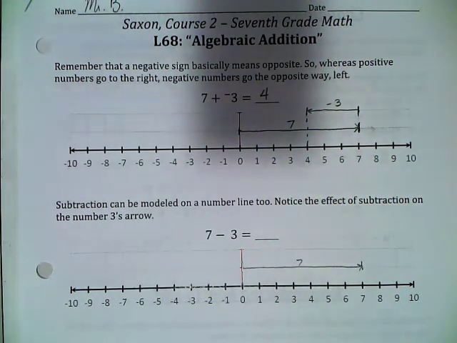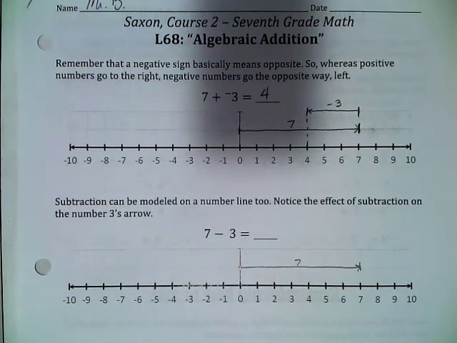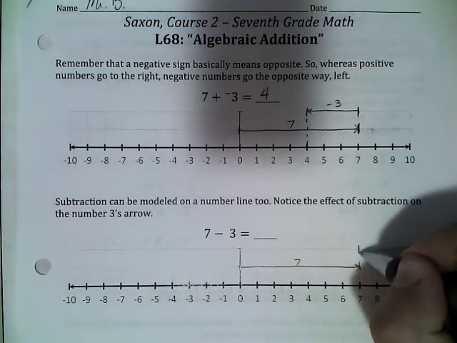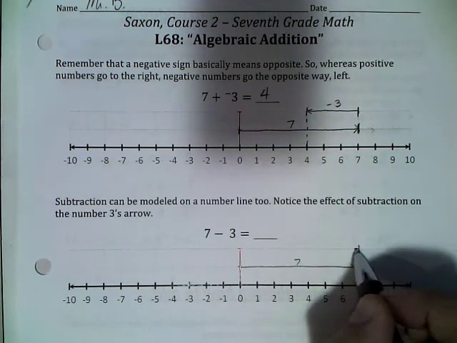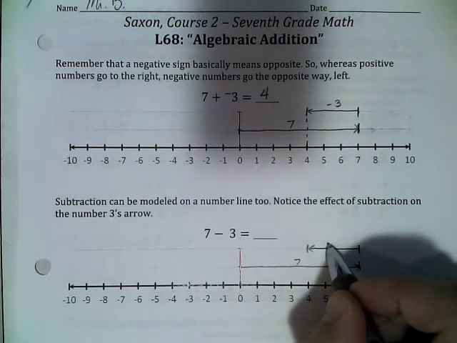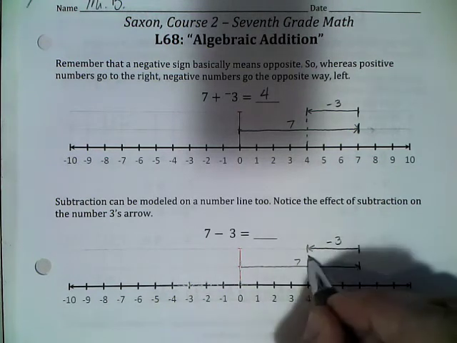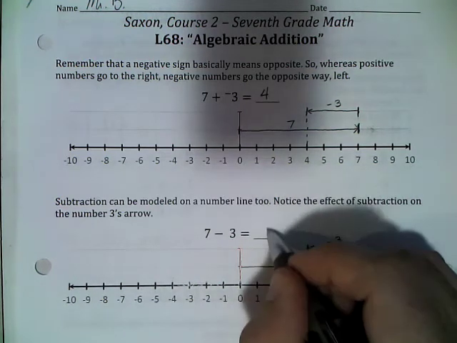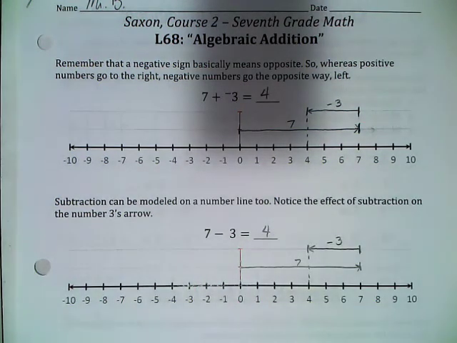But now subtraction actually turns out is going to have the same effect as a negative would. So if this was a plus 3, we would keep going to the right. But a subtraction sign is actually going to send things the opposite way. And so my minus 3 is going to have the same effect as my negative 3 and still produce the answer of 4.